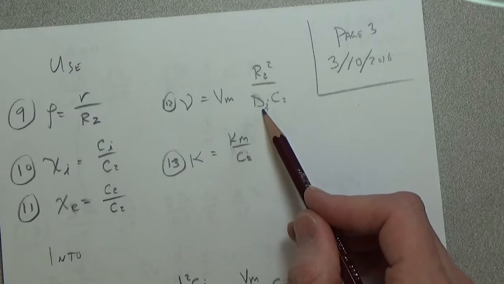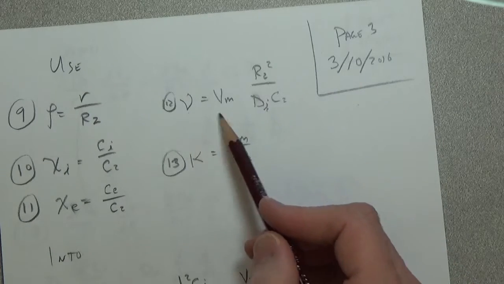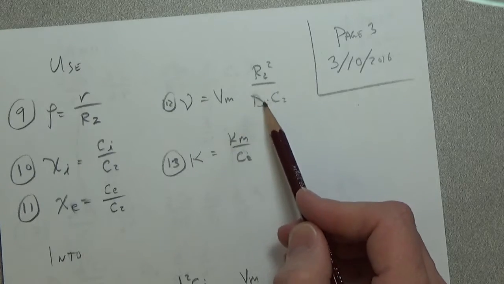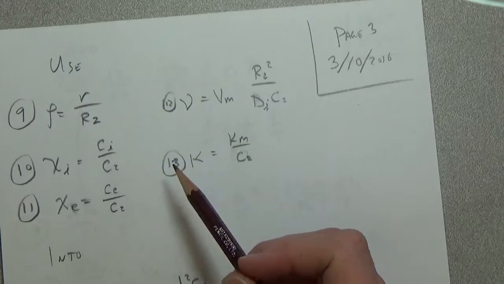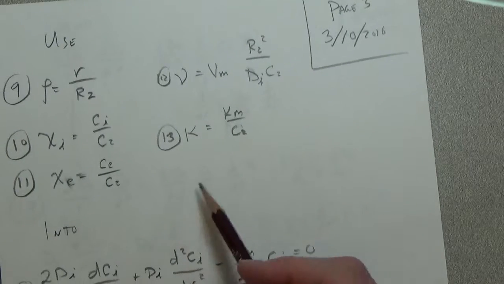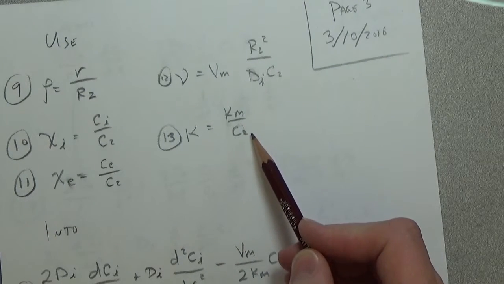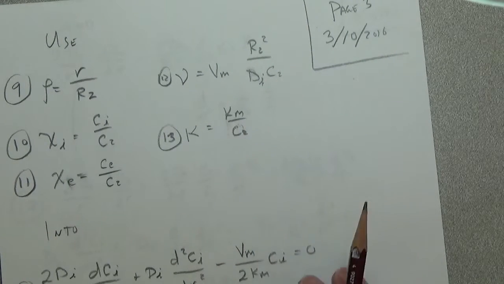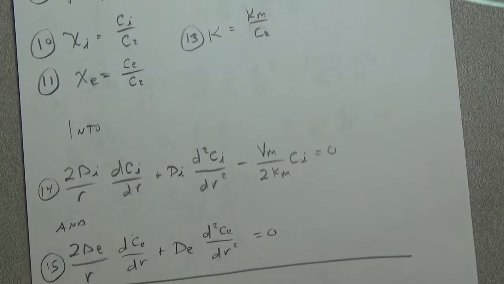And then we're using the diffusion coefficient of the interior to non-dimensionalize the Michaelis-Menten expression. And then kappa is Km over C2. So again, we're referencing it to the interior.